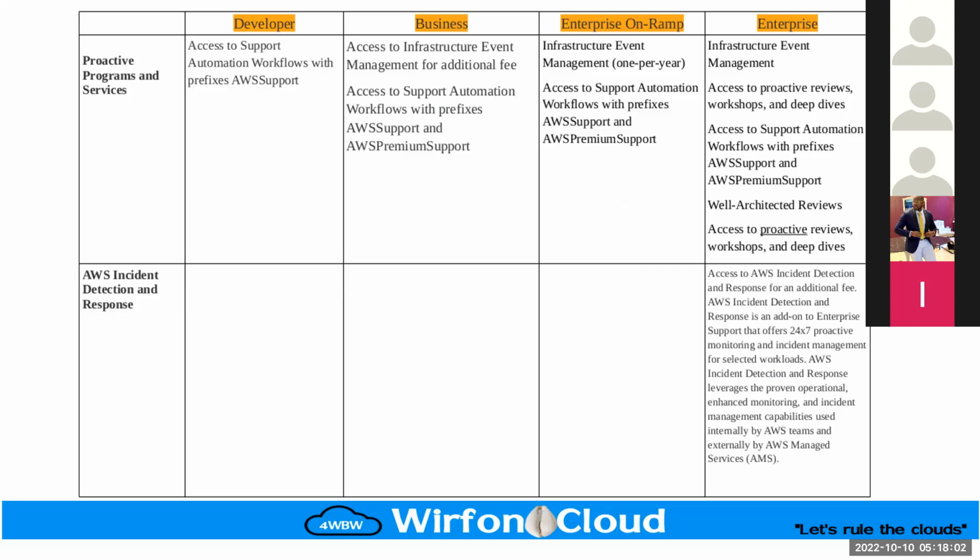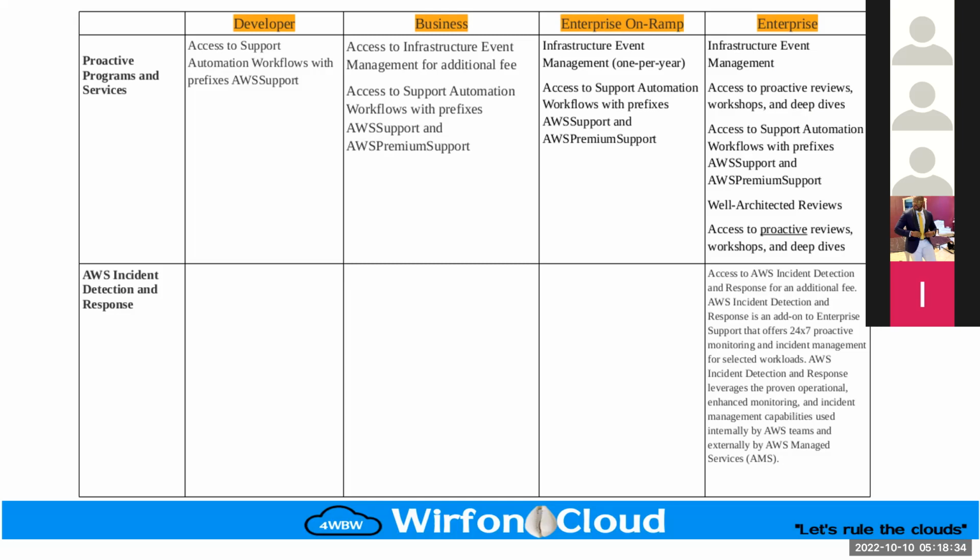Okay. Proactive programs and services. Developer: you have access to support automation workflows with prefixes, AWS Support. Under the business plan, we have access to infrastructure event management for an additional fee, and access to support automation workflows with prefixes, AWS Support, and AWS Premium Support.